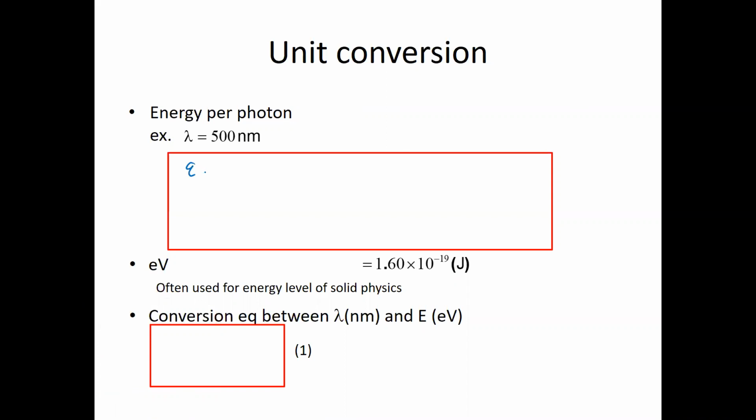So energy equals Planck constant times frequency, equals Planck constant times c upon lambda, equals 6.6 times 10 to the minus 34 joule second times 3.0 times 10 to the 8 divided by 500 nanometer.